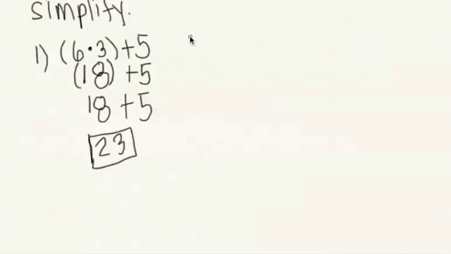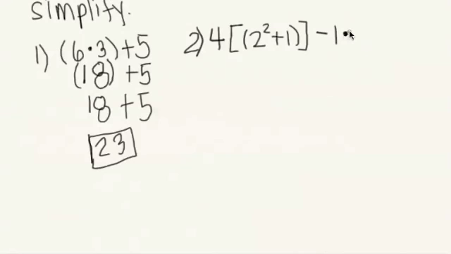Okay, and there we go. Let's try another one. Let's say I had something that looks like this. This one has a little more in there, so let's go through our checklist.